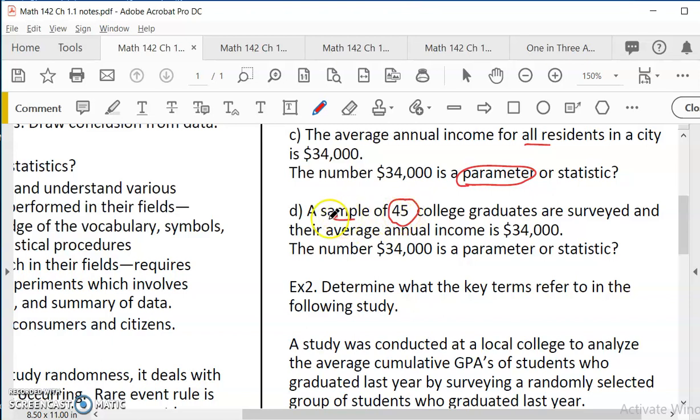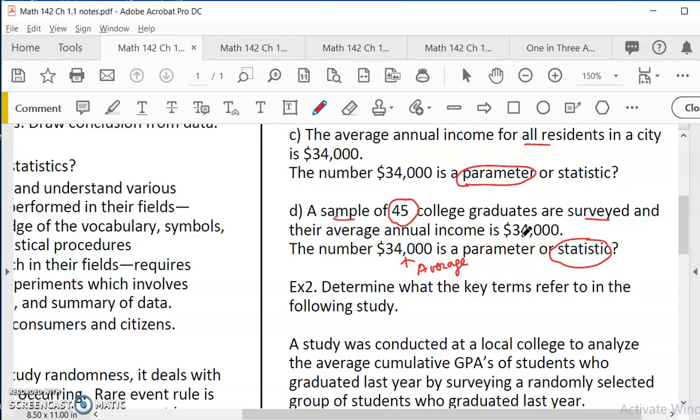Also they use the word sample and they use the word survey. You can see this is a sample and you calculate their annual income. So this 34,000 is a statistic because this is an average that you calculate from all of these 45 students in the sample. So it is from a sample. So we call this number a statistic.